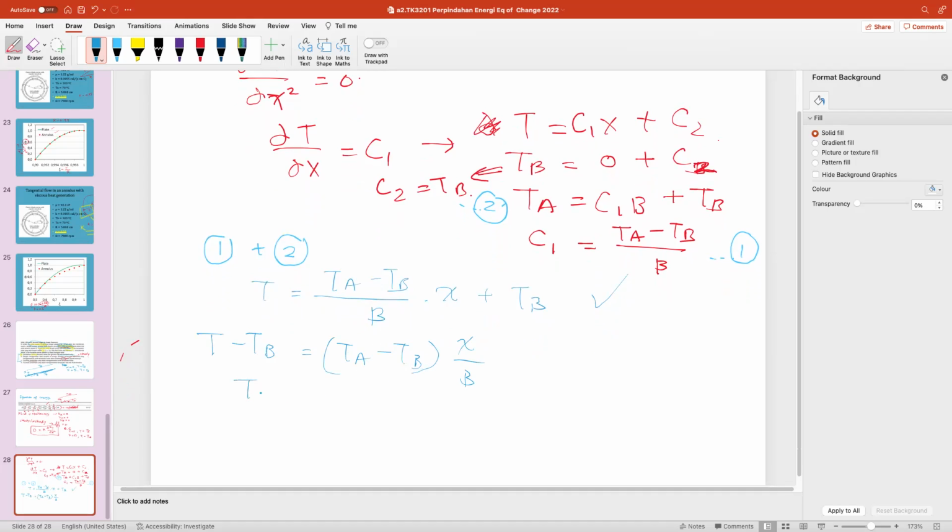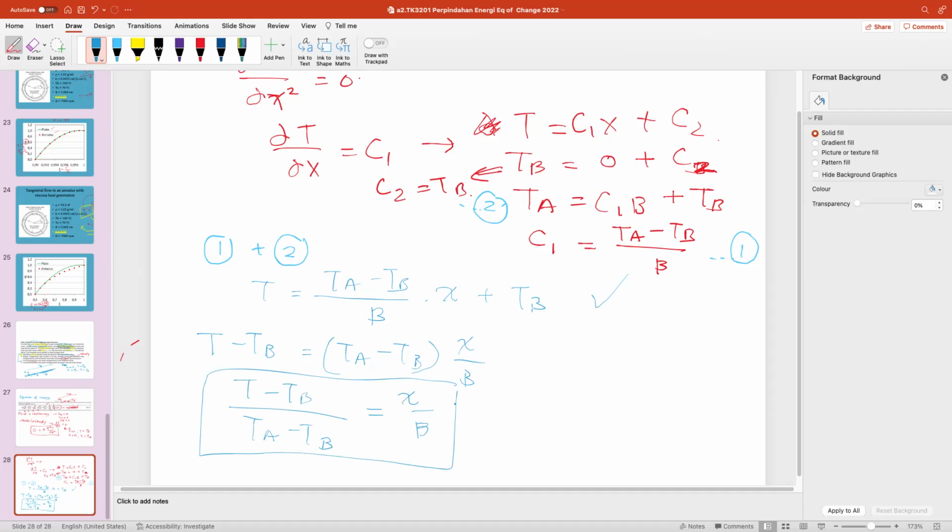So (T minus TB) divided by (TA minus TB), that one at x equal to b. So that can be the equation as well. Okay, so this one is okay, this one is okay.